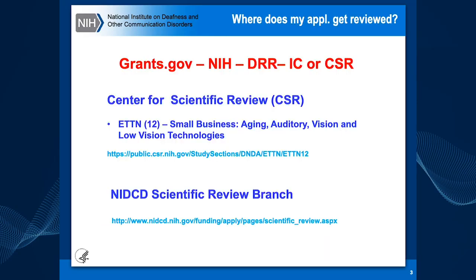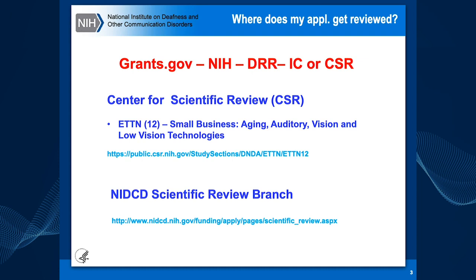After submitting your application through grants.gov to NIH, the Division for Receipt and Referral will assign your application to an institute based on the mission area relevance. Your application will also be assigned to an initial review group. In CSR, there are more than 30 SBIR STTR review panels.